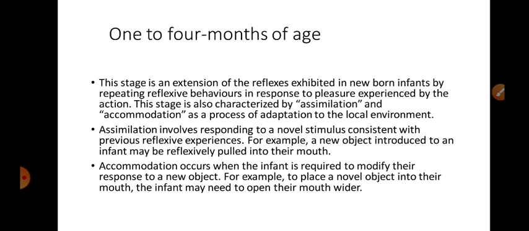In the first stage, babies don't know how to open their mouth when something comes near. But under this stage, the baby starts to widen their mouth if an object comes near the mouth.